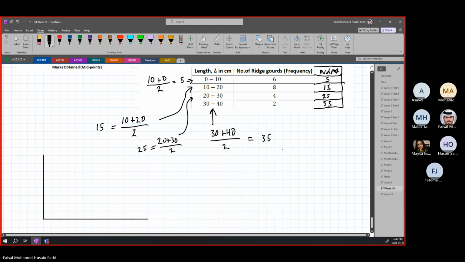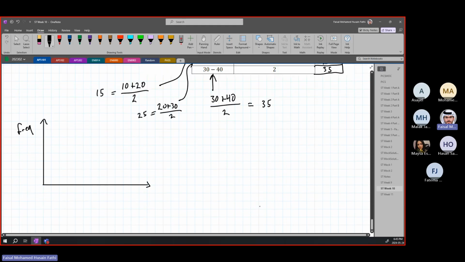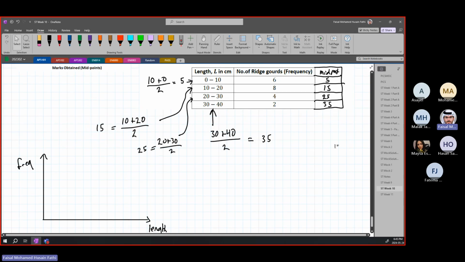So again, remember, we always have our frequency over here on the y-axis, and in this case, we're talking about length. So this is going to be our length. Now we are going to put points for our midpoint at the length of the axis. So we're going to start from 0 here.